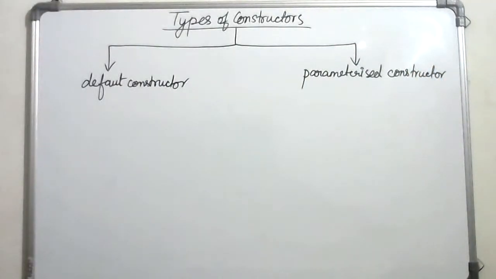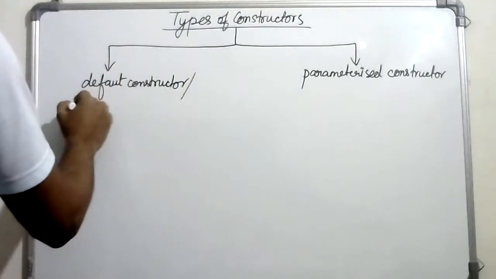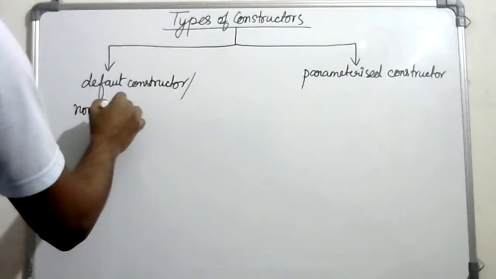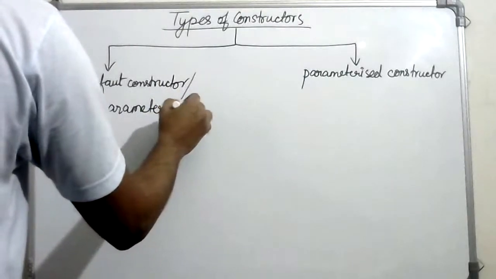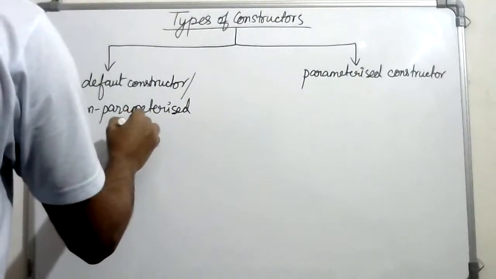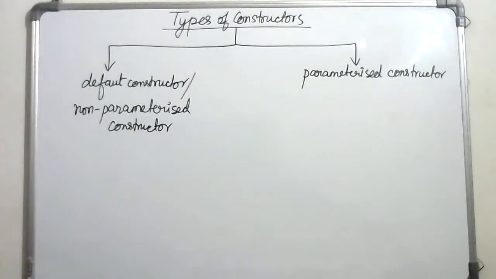The default constructor is nothing but a non-parameterized constructor. So you could also call it a non-parameterized constructor. A default constructor is nothing but a constructor that does not take any arguments, whereas a parameterized constructor is a type of constructor which takes arguments.